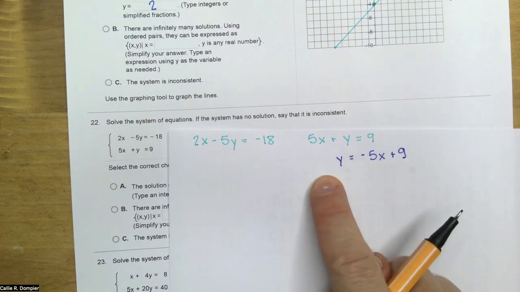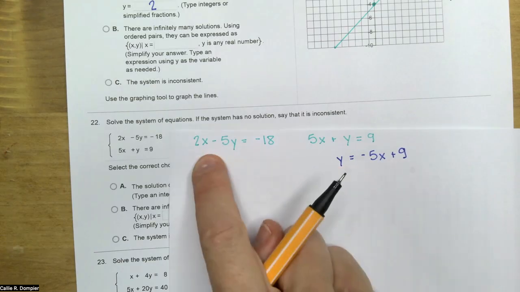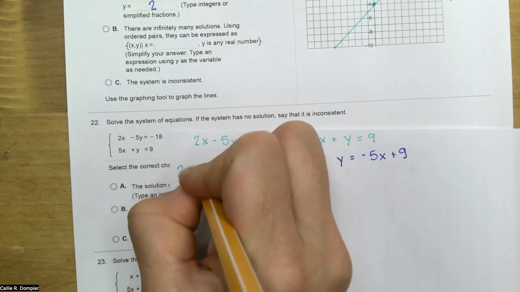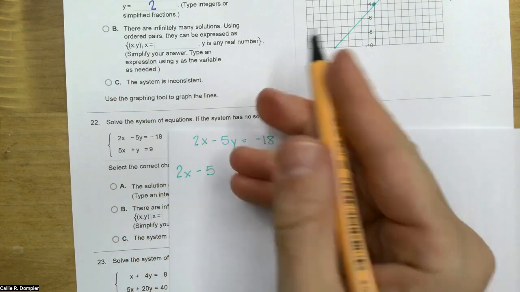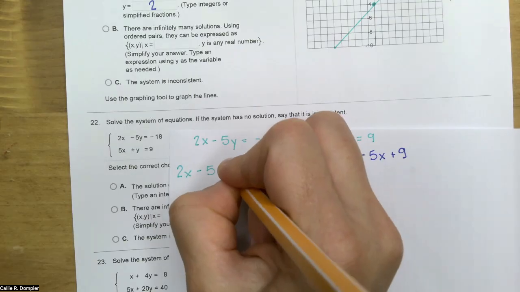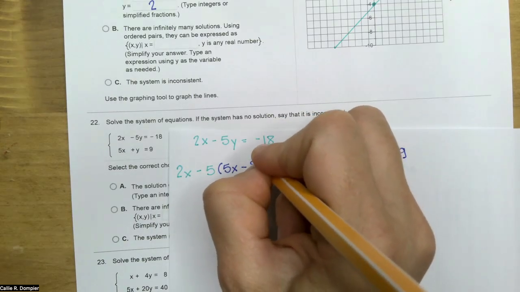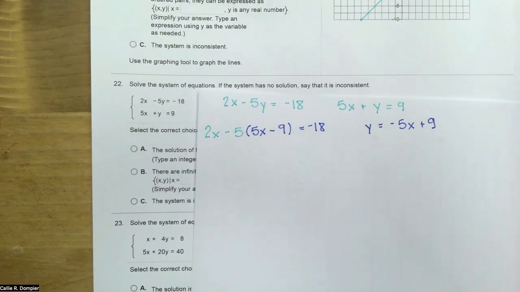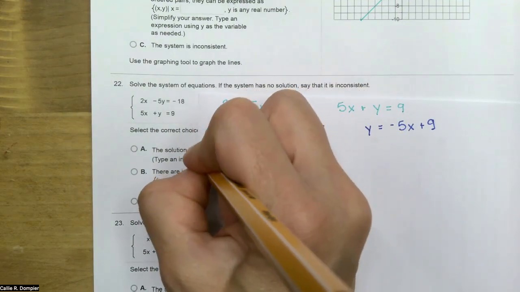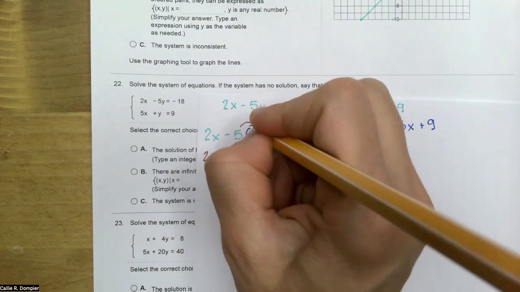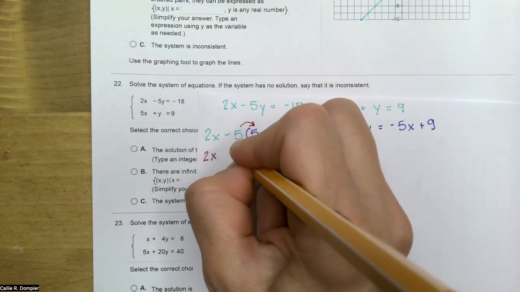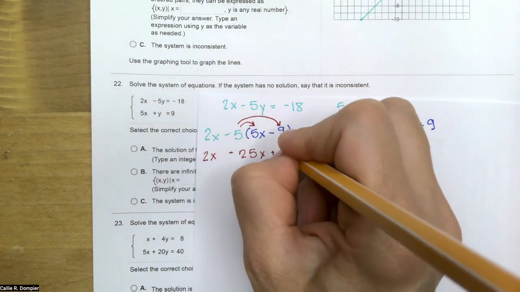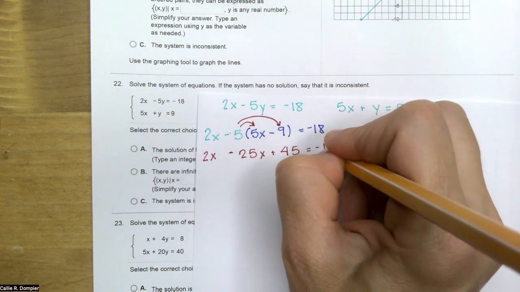Sorry for putting a curl on that 9. Put that in here for y. So here we had 2x minus 5 times 5x minus 9 equals -18. Good. Now I'm going to distribute the -5. -5 times a +5 is a -25x. -5 times a -9 is a +45 equals -18.